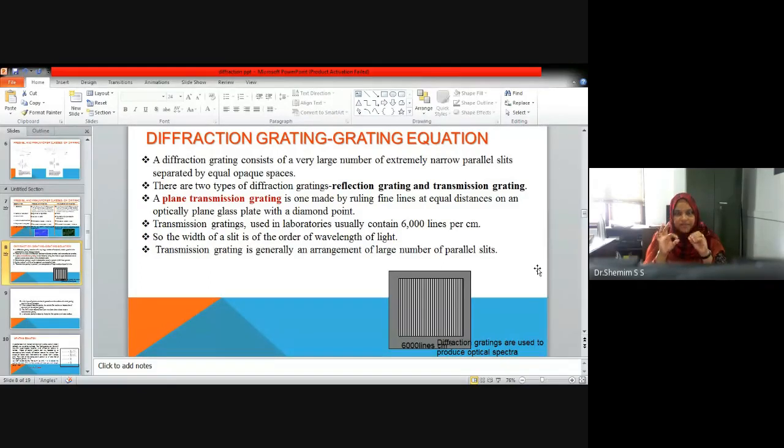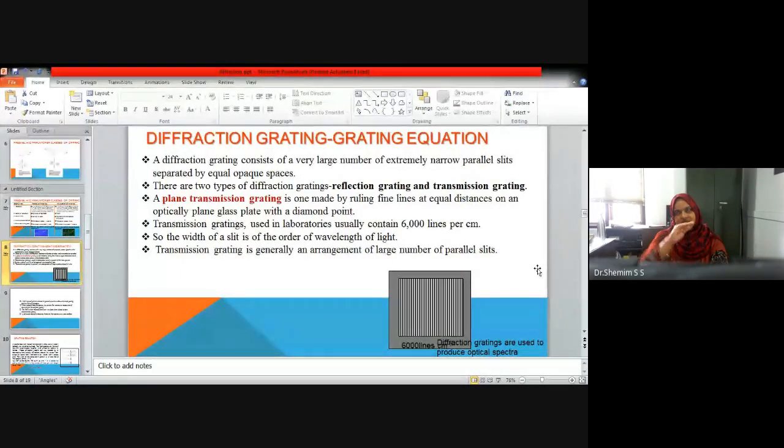And if you are keeping this gelatin film with fine rulings in between, or if it is sandwiched in between two reflecting surfaces such as two silver films, then such a grating is known as a reflection grating. Why do you call such a grating a reflection grating?